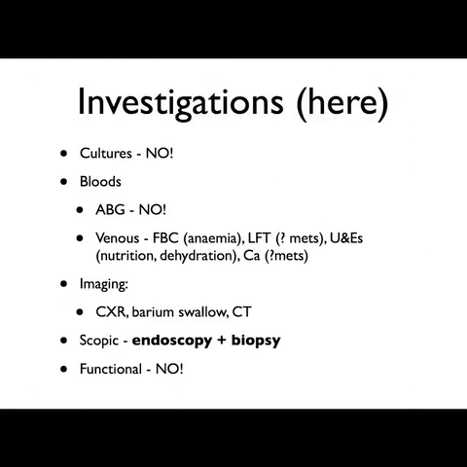Obviously looking for any signs of anemia, so the FBC, which could show anemia. LFTs, maybe deranged if you've got metastases to the liver. U&Es, possibly some problem with nutrition or dehydration, signs of being unwell, all that kind of stuff. Maybe calcium for bony mets. So the venous bloods can be quite useful.